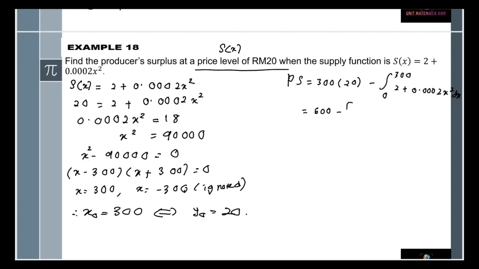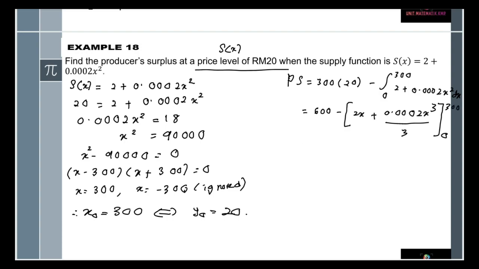So this one equals 6000 minus 2x plus 0.0002x cubed over 3, evaluated from 0 to 300.